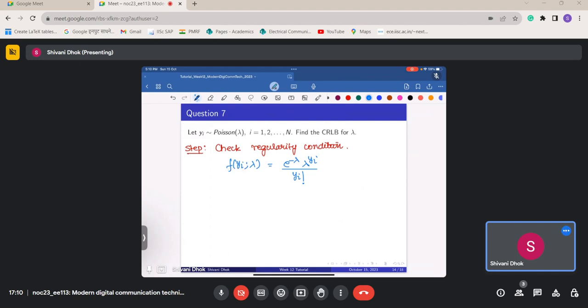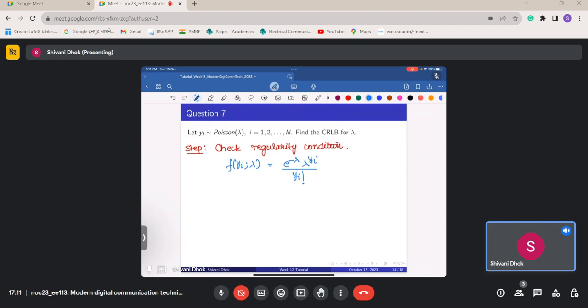So this is the PMF, where yi will take only non-negative integer values. Okay, yi will be like 0, 1, 2, 3, all the whole numbers it can take. It can't take negative integers.